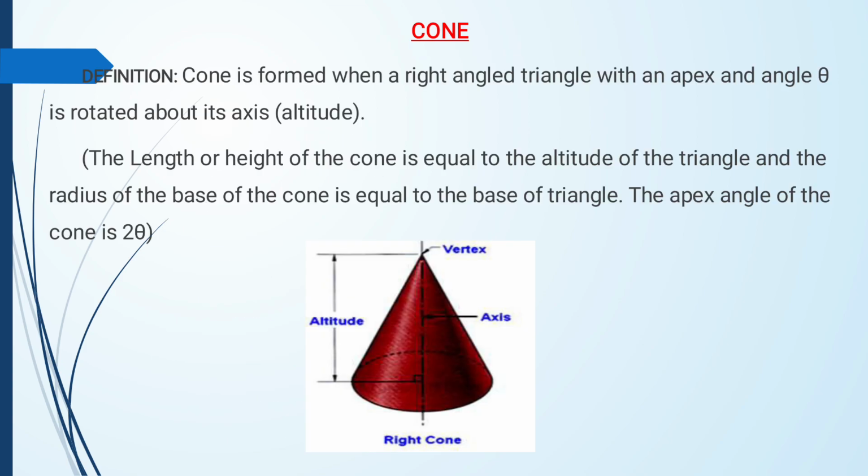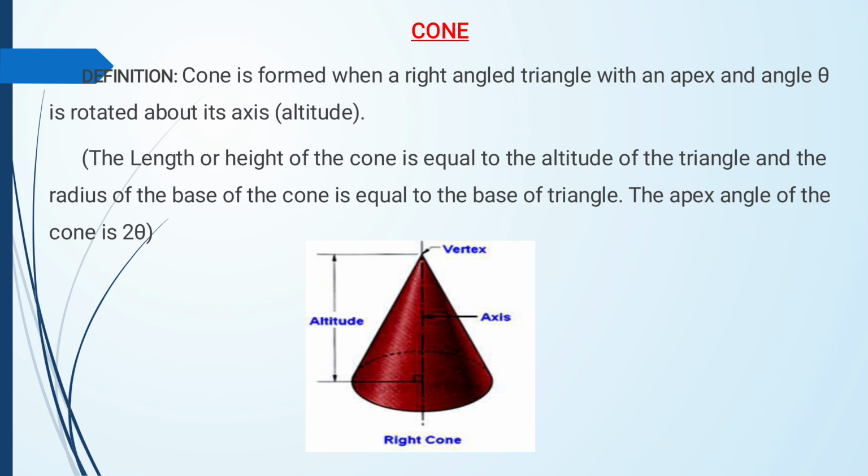First of all, cone. So what is meant by cone? A cone is formed when a right angle triangle with an apex angle theta is rotated about its axis. That means the axis is called the altitude. Altitude is called the height of the cone. Very simple.